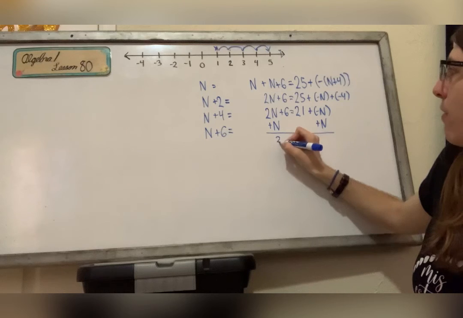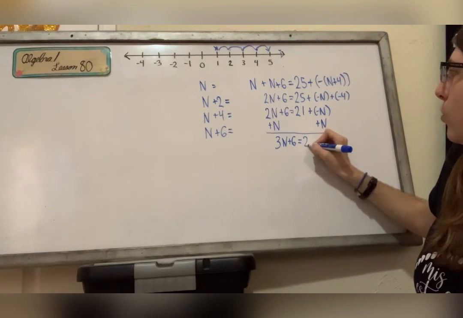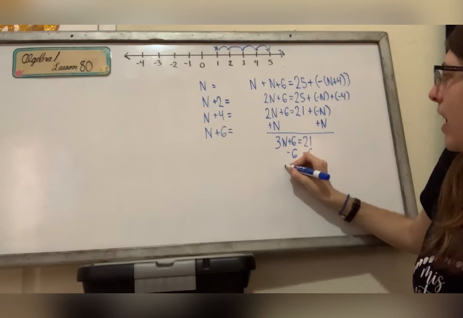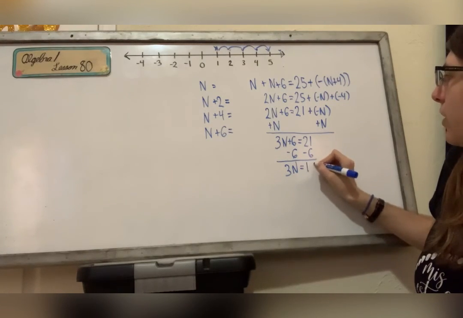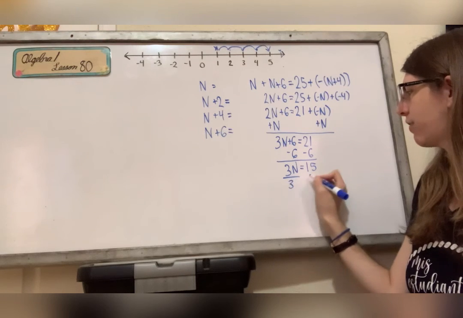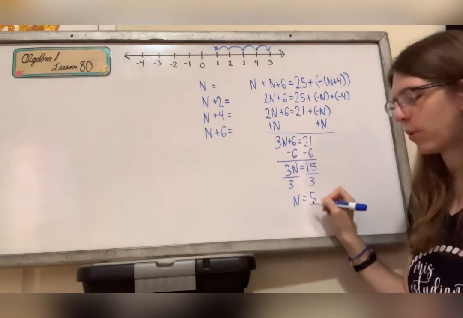So I now have 3n plus 6 equals 21. Subtract 6 from both sides, and I'm left with 3n equals 15. Divide both sides by 3, and I have n equals 5.